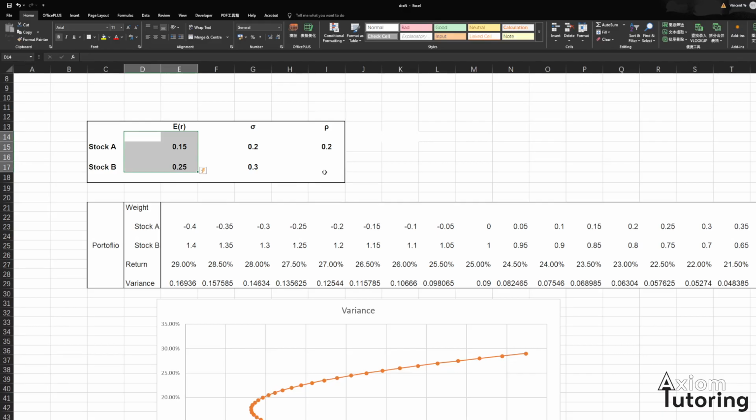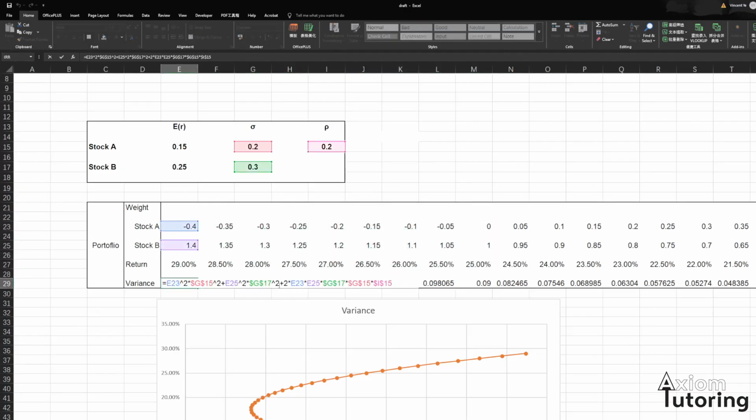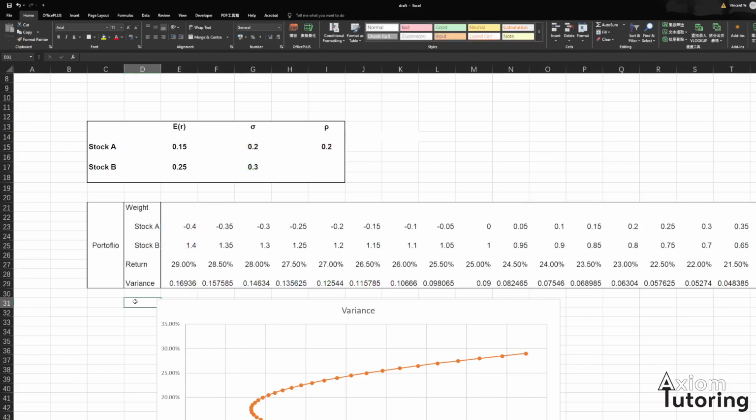Unless the question itself specifies that short selling is not possible or not allowed, you can always assume that short selling is available, and negative weights can be used for the calculations. And be very careful about the variances, because you always have to use the squared term. So the variances will be a lot higher compared to the situation where you don't have short selling available.